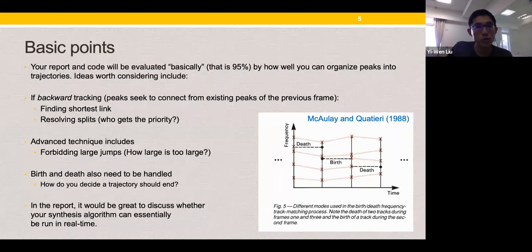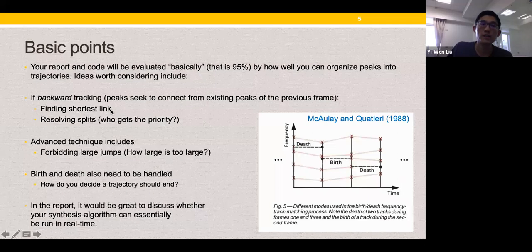So to form trajectories, here are a few ideas for you to consider. First, if your tracking is a backward tracking strategy, that means you seek to connect peaks of this frame to existing peaks of the previous frame, so you're looking backward. A reasonable strategy is for every peak to try to find the nearest neighbor.